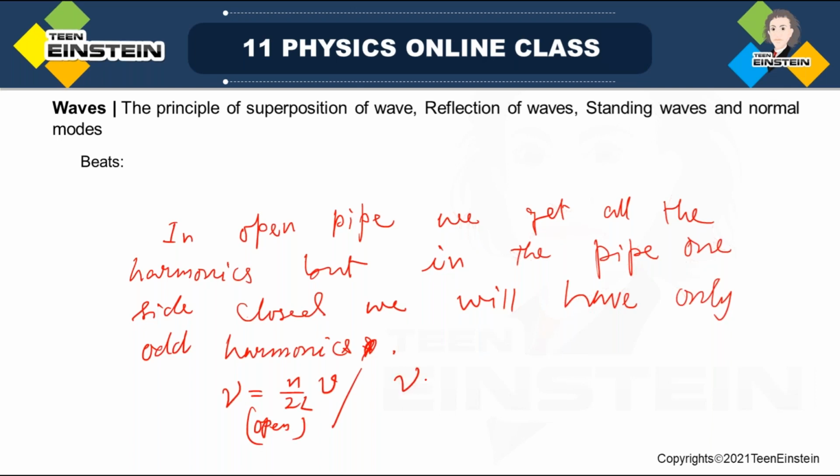And in case of closed pipe, nu n will be 2n plus 1 into v by 4L.